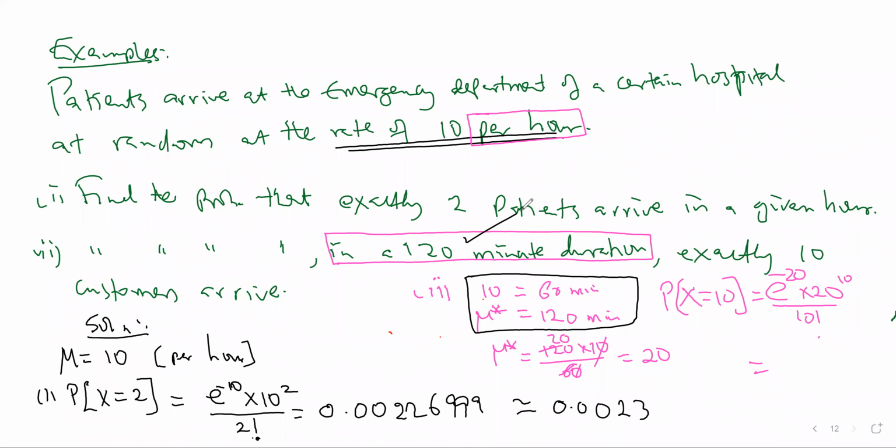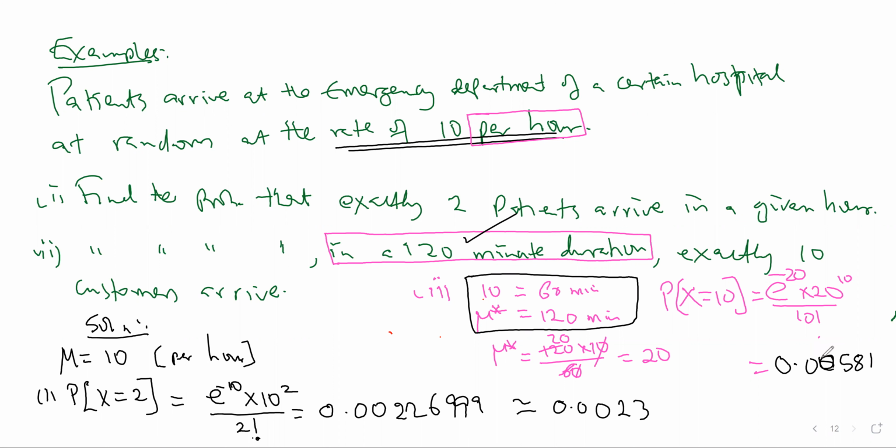So here we'll take exponent minus 20 times 20 raised to power 10 divided by 10 factorial, which is 0.0581.